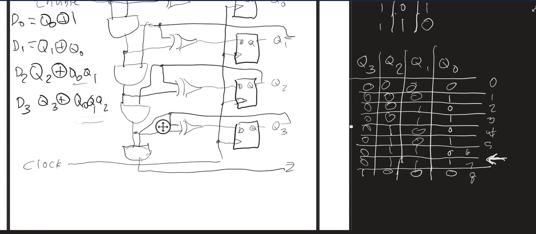So I think usually the questions I've seen with counters have been along the lines of, this is a counter. What does it do? You do like what we did, and you figure out, is it counting up, is it counting down, or is it doing something else entirely? The question on our homework is about this, but it doesn't give us the counter. It just asks us questions about it.